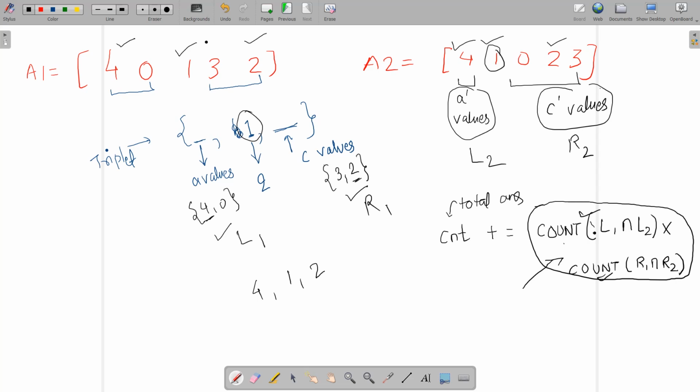It means that when we partition the set with respect to the position of B, and find the two different sets A dash, C dash, and similarly A values and C values, and find the intersection, we will have all those triplets, right? And the count of triplets will be incremented by the number of intersection in L1 and L2 multiplied by the number of intersection in R1 and R2.